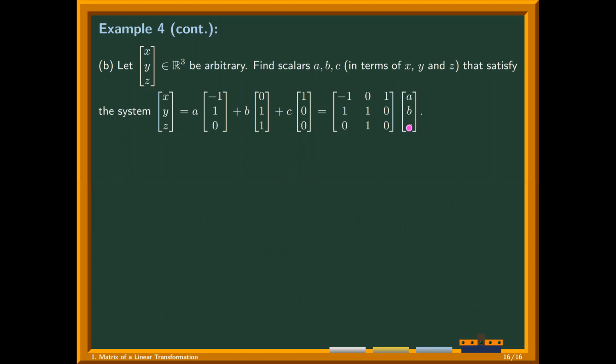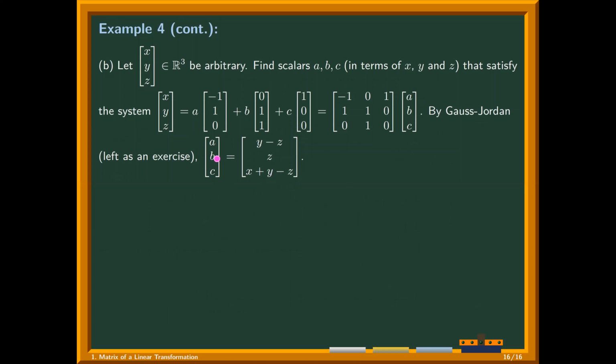So again, we can solve this by Gauss-Jordan. I will leave that as an exercise, but you should be able to obtain a, b, c equal to the 3-vector (y - z, z, x + y - z).